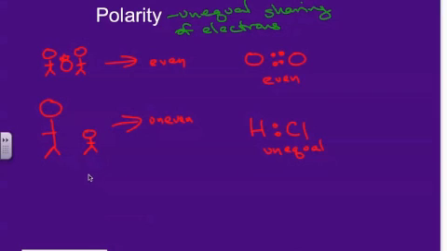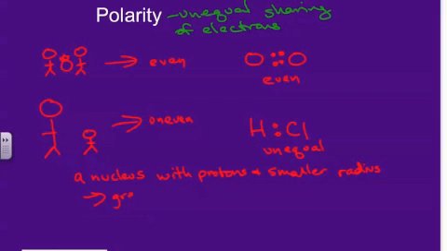What we should already know is that if we have a nucleus with more protons and a smaller radius, then we should see greater electronegativity.